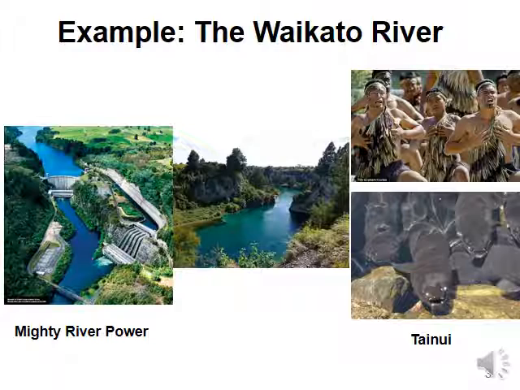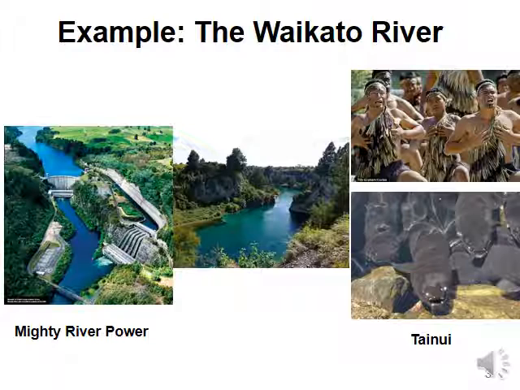Now, dams are fantastic for generating electricity. They're brilliant. Now, one thing that they're not good for is fish. Those fish you see in the bottom right-hand corner are actually a type of eel called longfin eel, or tuna in Maori.